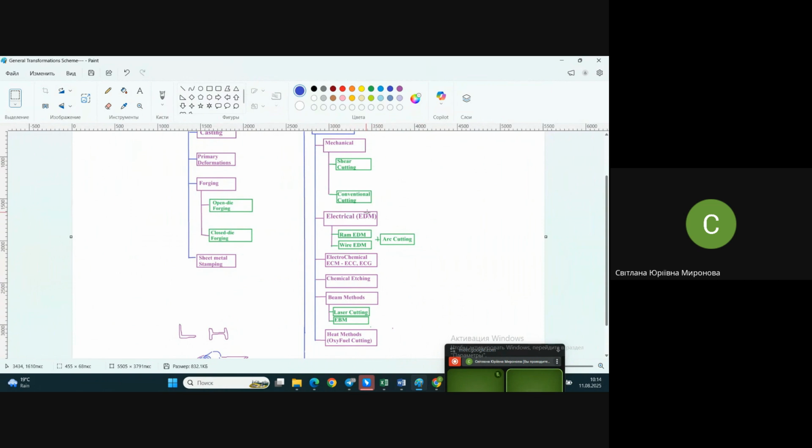If you use another kind of cutting process, not mechanical cutting, but laser cutting or EDM cutting, you need to understand that you may use unique materials, I mean hard to machine materials. Hard to machine materials may be cut in these ways.